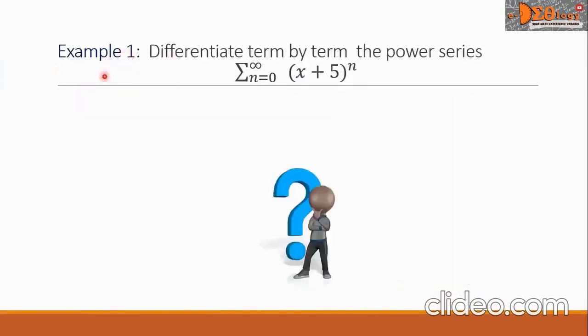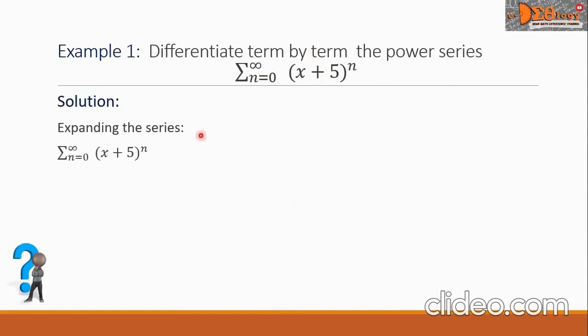Let us see example 1. Differentiate term by term the power series, summation from n equals 0 up to infinity of the quantity x plus 5 raised to n.